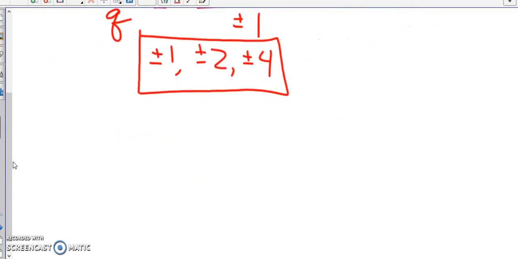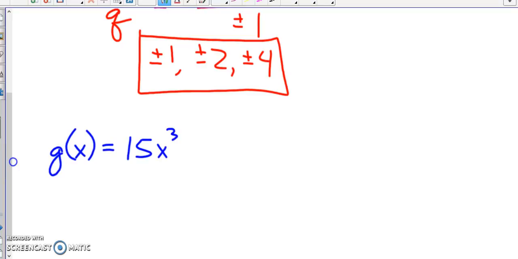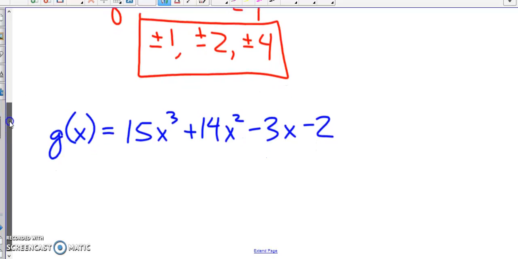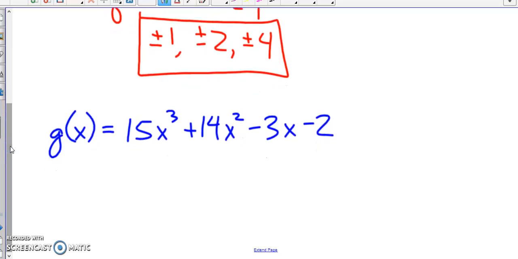Let's do the same thing, but with a different function here. G of x equals 15x cubed plus 14x squared minus 3x minus 2. So once again, generate my list of possibilities.